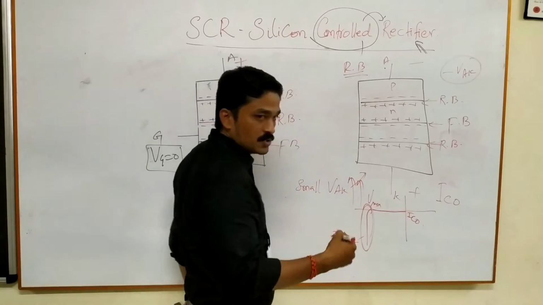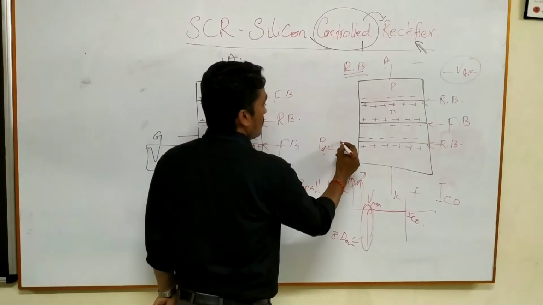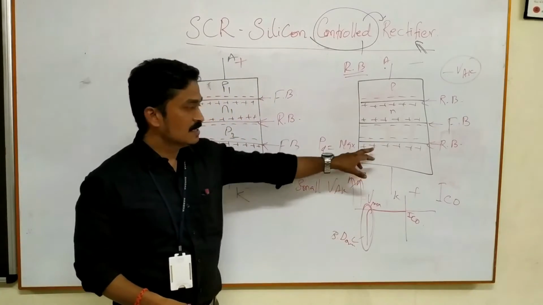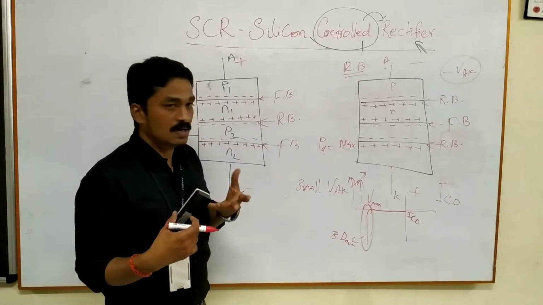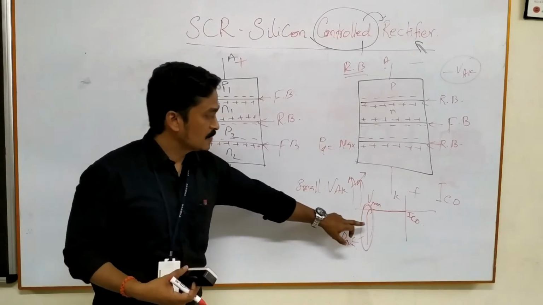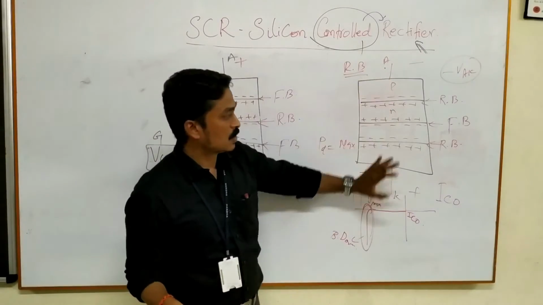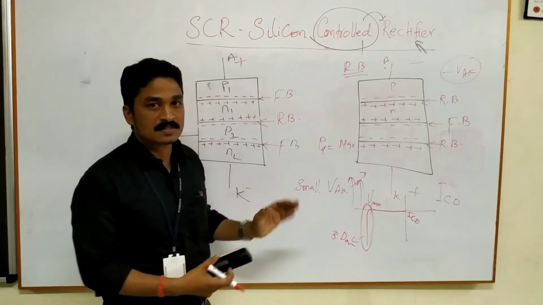That current flow is also high, so the power dissipation that we discussed in the Zener diode is maximum. So if we keep under this condition, our SCR will get spoiled. This will create more heat, so the diode will get spoiled in the reverse biased junction.